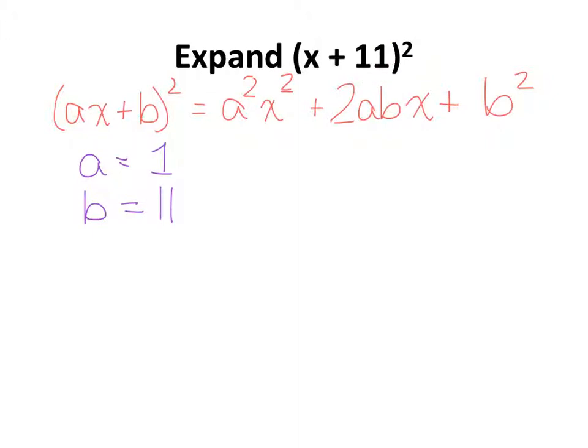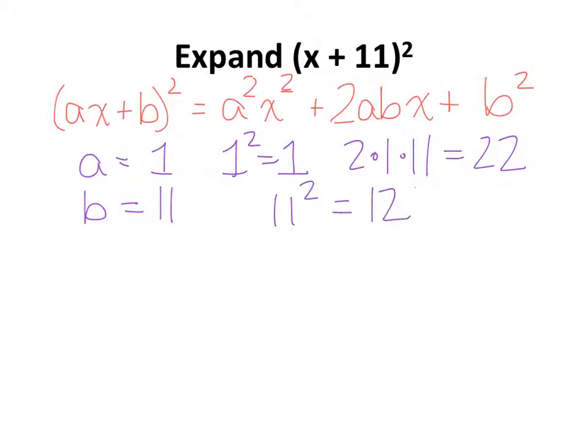And the second piece is an 11, so we'll say that b is equal to 11. We need to know that 1 squared is 1, that 2 multiplied by 1 multiplied by 11 is 22, and we need to know that 11 squared is 121.